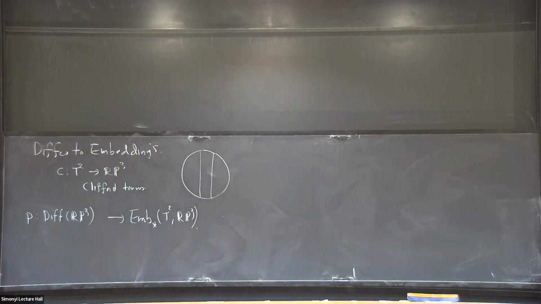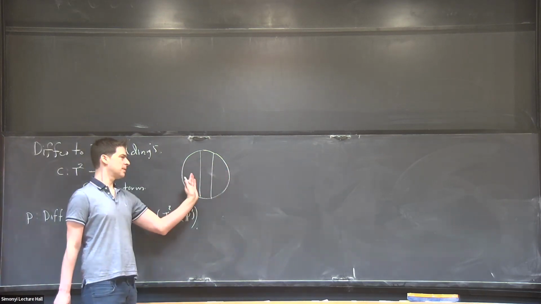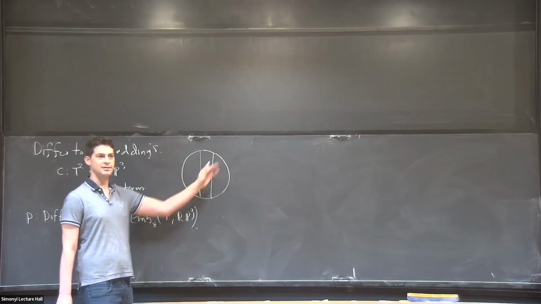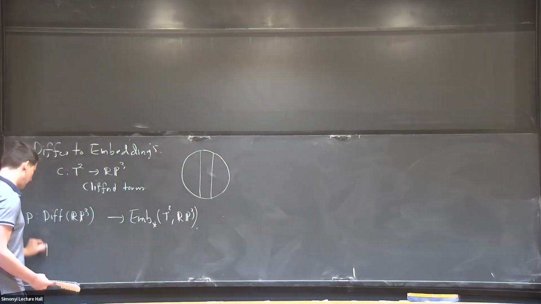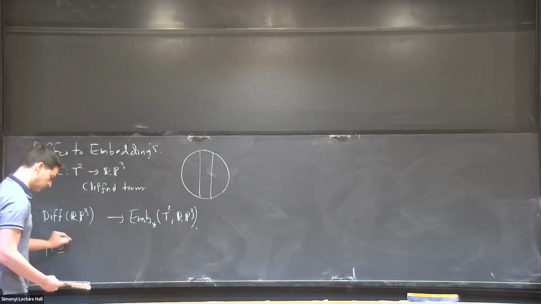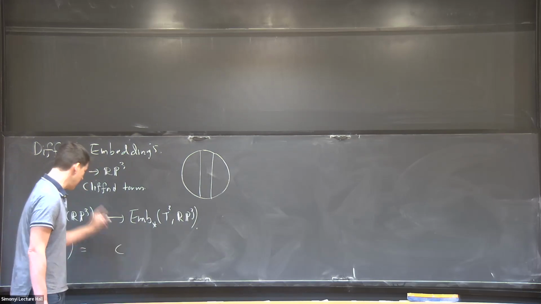The way you do this is, think of this as your reference embedding, and if you have a diffeomorphism of RP3, it will move this around. So the way this map is defined, if you give me a diffeomorphism, I give you the embedding: do the Clifford embedding and then compose with phi.